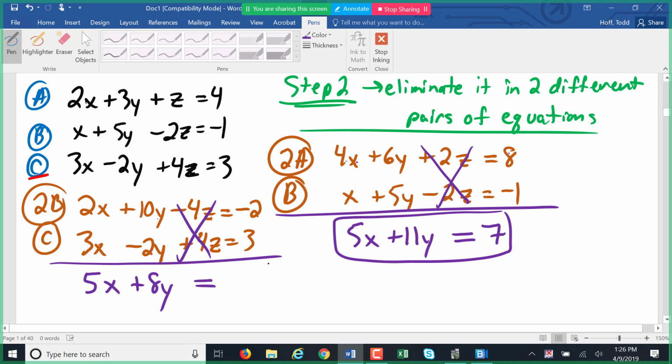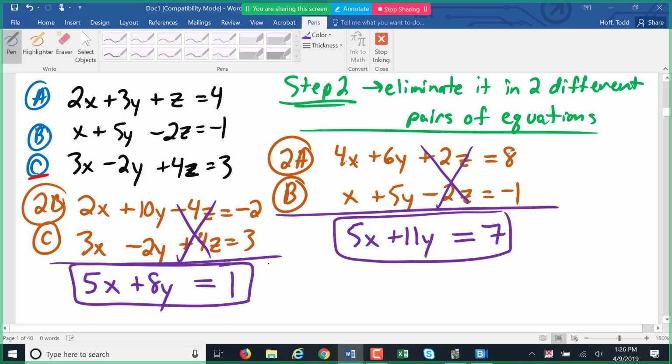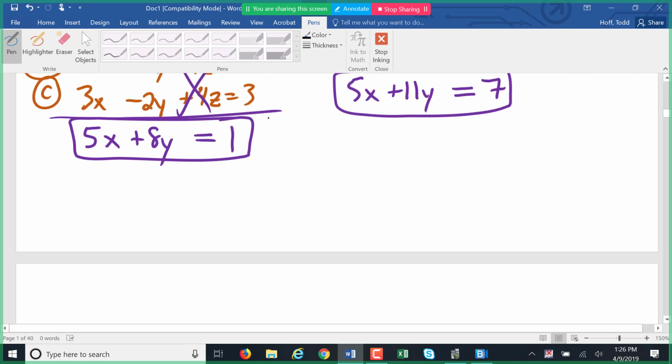Equals negative 2 plus 3 is a positive 1. There's our second two-variable equation. So we've reduced this three-variable system of 3 equations to 2 equations with only 2 variables. And now we have to solve that two-variable system.